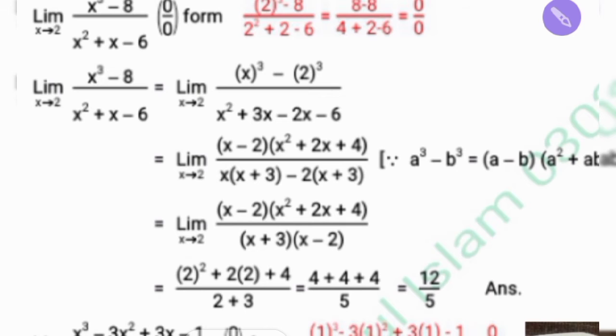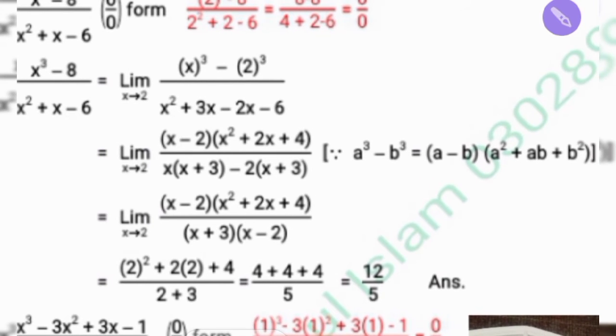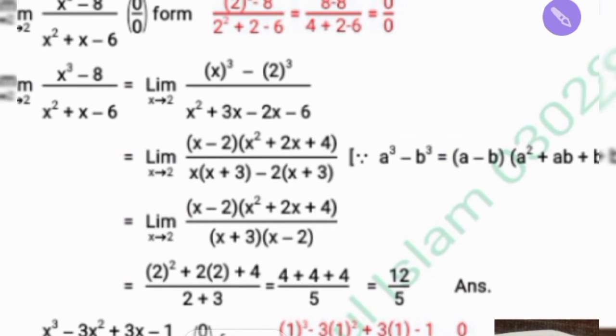Now we will remove the 0 by 0 form by applying algebraic technique here. As there is x cube and there is 8, we can write 8 as 2 cube, a cube minus b cube. The formula of a cube minus b cube is written here: a minus b, a square plus ab plus b square.